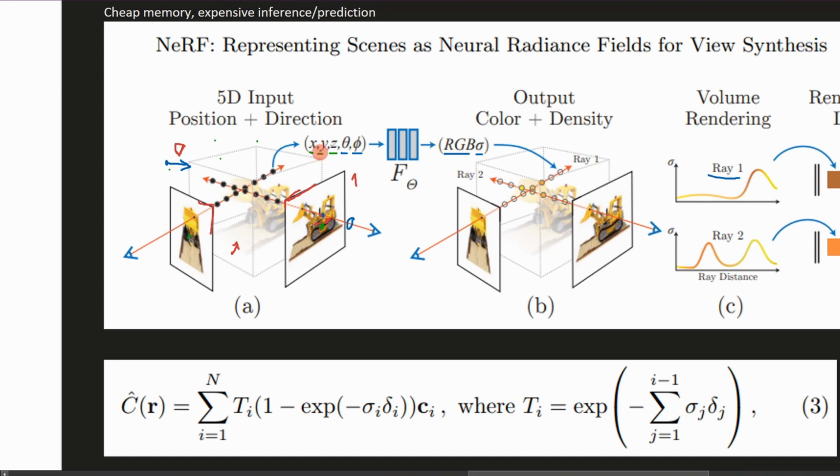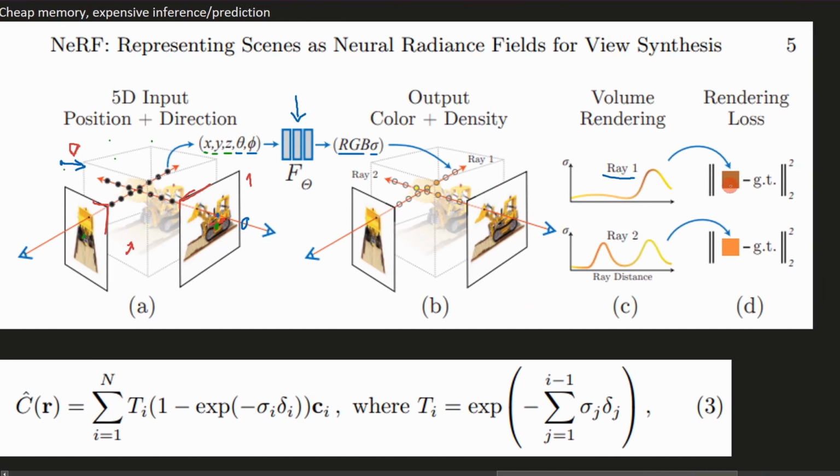You query the MLP, so this thing that's a part of NeRF. And so that MLP is the thing that learns inside of this NeRF framework. And you query it along all of these points, and you get the RGB sigma vectors. And then what you do is, using sigma, you do a weighted average and you get the final color. And that's how they kind of visualize that here.